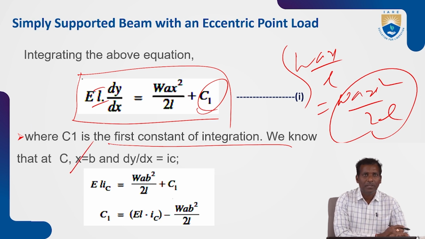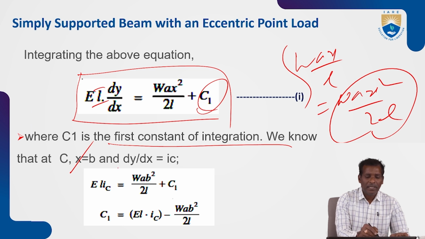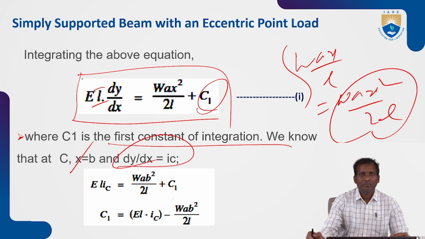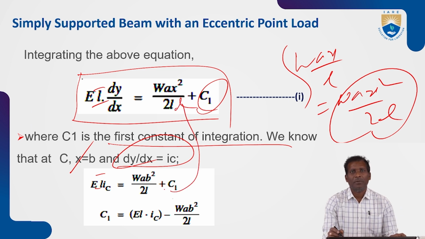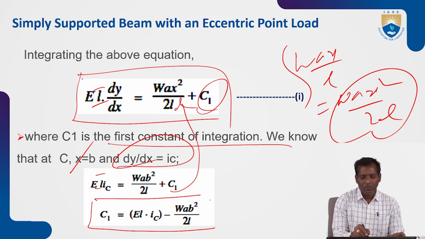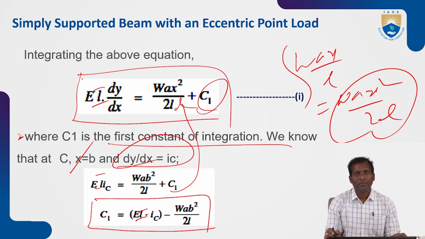The X value is B and dy by dx is equal to the slope at C, theta C. So EI into theta C, now substitute X is equal to B: WA B square by 2L plus C1. Now find the C1 value. C1 is equal to EI into theta C minus WA B square by 2L.